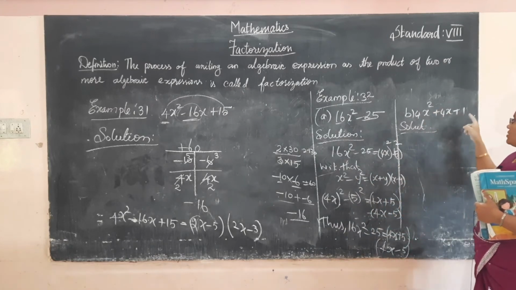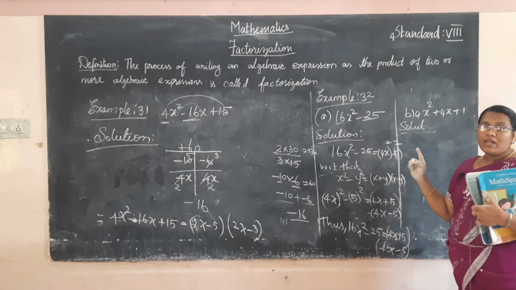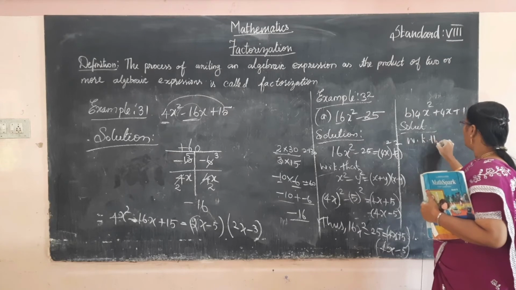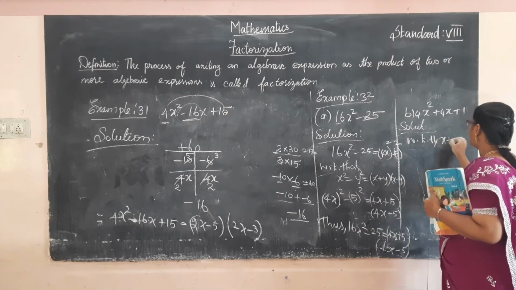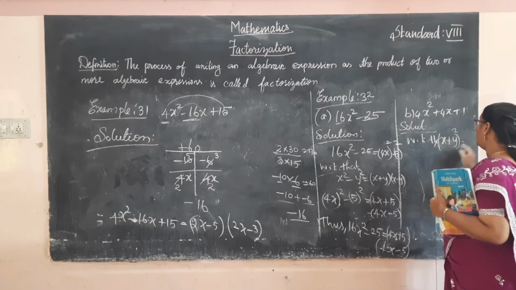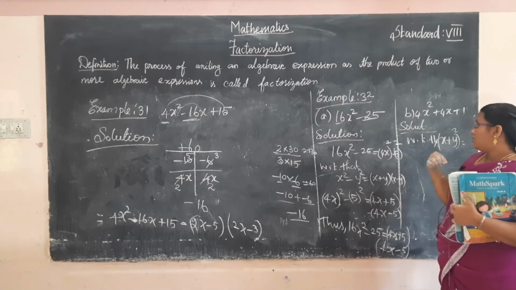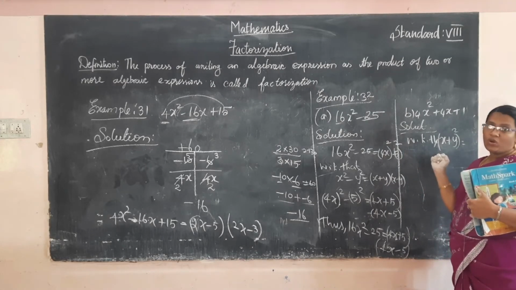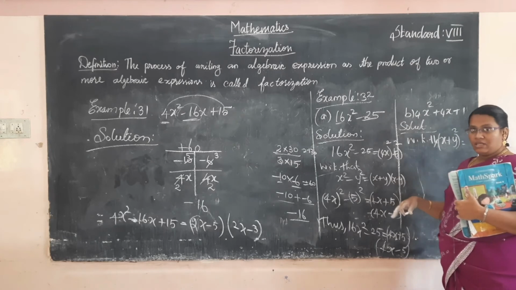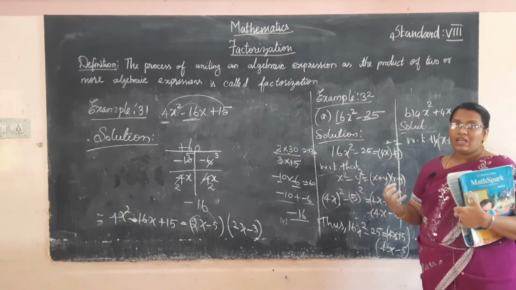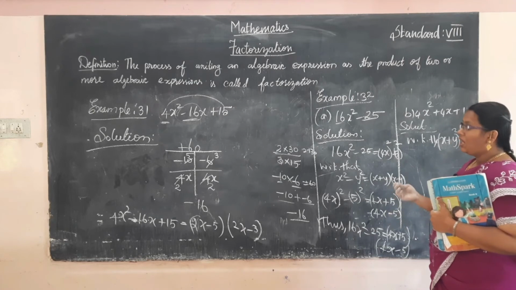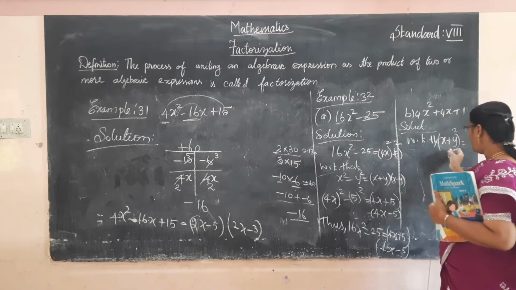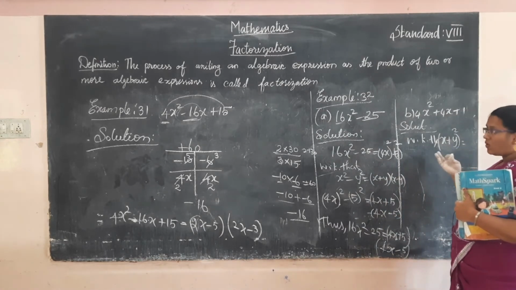4x squared plus 4x plus 1. So we use the a plus b whole square formula. We know that x plus y the whole squared is equal to, I said sometimes a plus b, sometimes x plus y, both have the same meaning because we can take any variables a, x, y, as already learned.